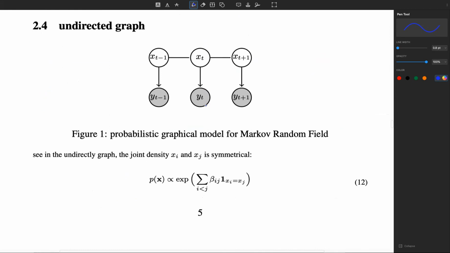In fact, if you have a mixture of directed and undirected graph, it is still considered to be a generative model for something. If you see something like this, there's a name for it. It's called a Markov random field.